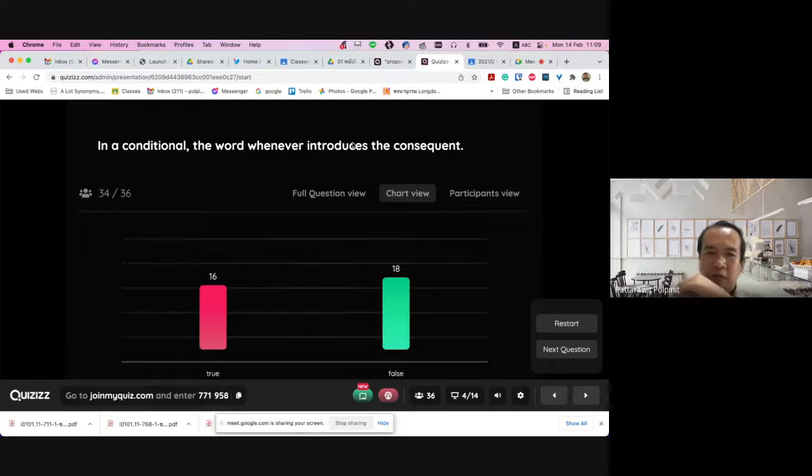I should have put a bracket or double quote around whenever. When we say whenever, it usually means the reason. Whenever it rains, I will not go to school. It is part of the if. So the statement is false. Whenever I feel hungry, I eat something is the same as if I am hungry, I eat something. To make the statement correct, whenever introduces the hypothesis or the reason.